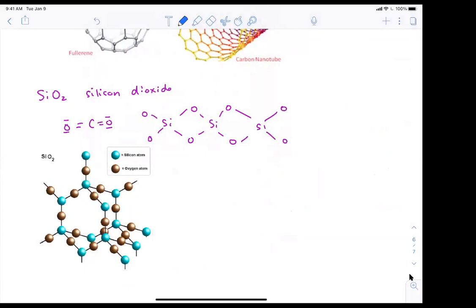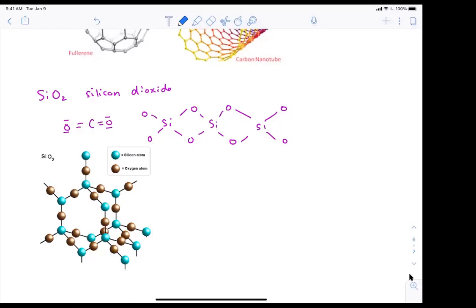Because when you boil it, it becomes SiO2. No, look at each of the oxygens, the ones in brown. How many silicons is each oxygen bonded to? 2. So in other words, it's not that each Si is bonded to 4 O's, it's 4 O's are bonded to 2 Si's.